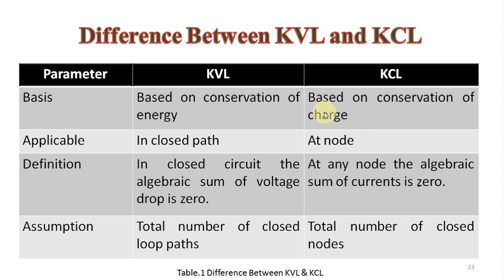KVL is the algebraic sum of the voltage drops and EMF in any closed circuit is equal to 0. And KCL is the algebraic sum of the currents meeting at a node or junction is equal to 0. KVL deals with closed loop paths, and KCL deals with nodes. So these are the basic differences between KVL and KCL.